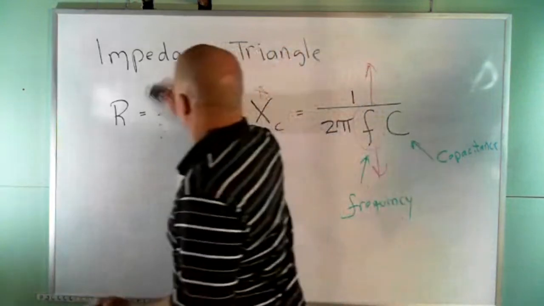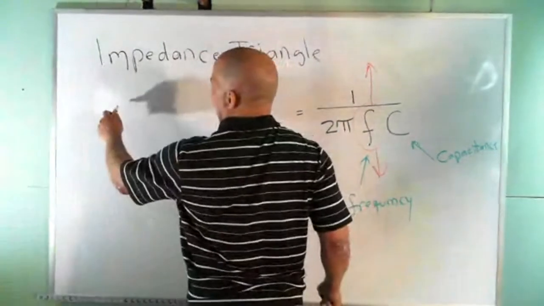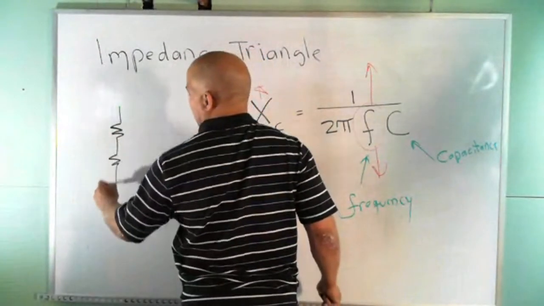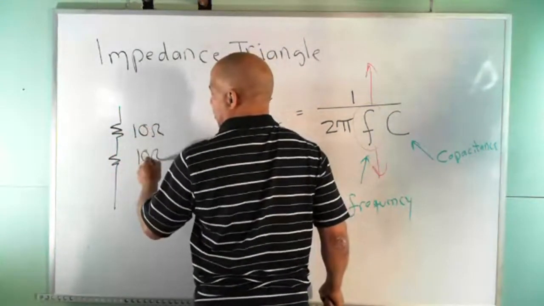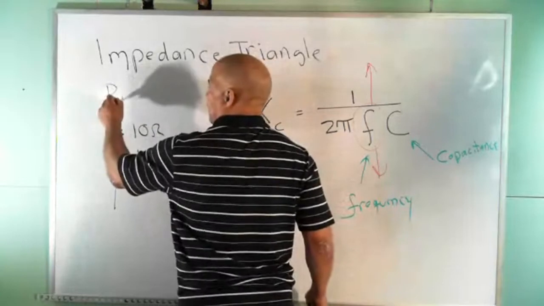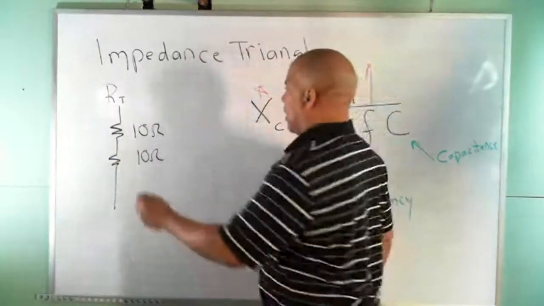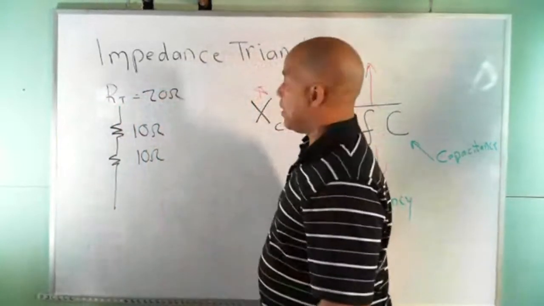Now, in a DC circuit, it's simple. Let's say I have two resistors. Let's make them both 10 ohms. And I say, all right, what's my total opposition? You're going to say, well, that's easy. They're in series, I just add them up, 10 and 10, 20 ohms, and you would be correct.